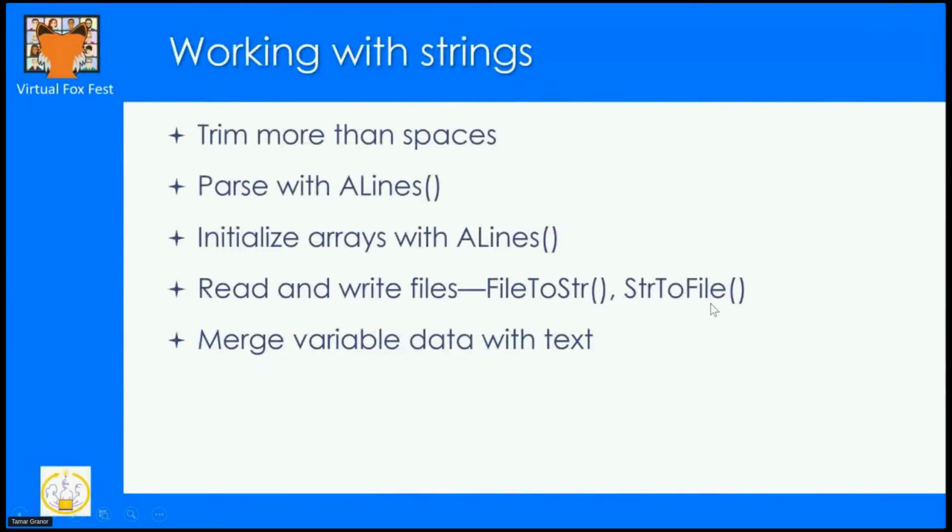Let's talk about perhaps my favorite function that got added to VFP along the way. This came in VFP 6 and got better in VFP 7. I'm talking about ALines, your all-purpose parser. When ALines was added in VFP 6, the idea was it was going to be able to break a string up into lines and put one line in each element of an array.